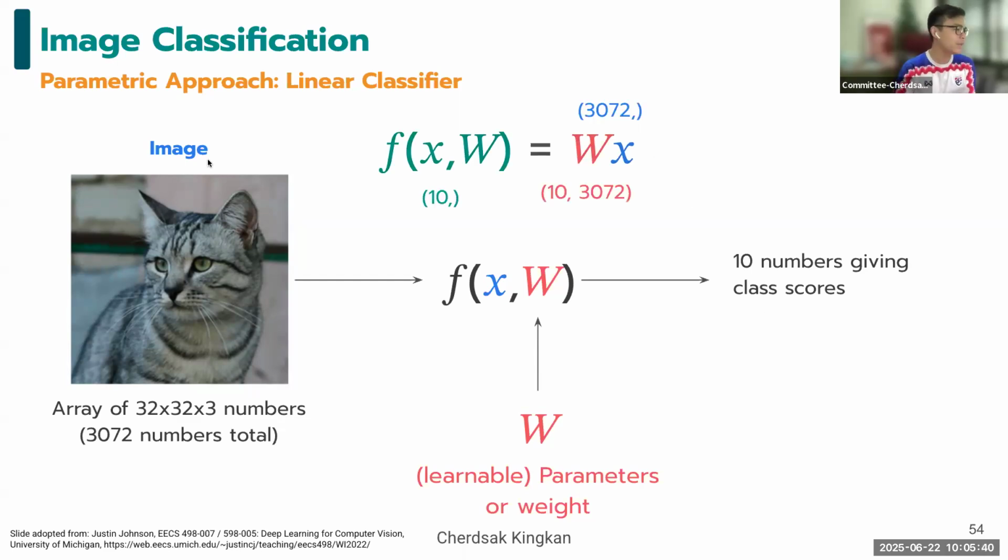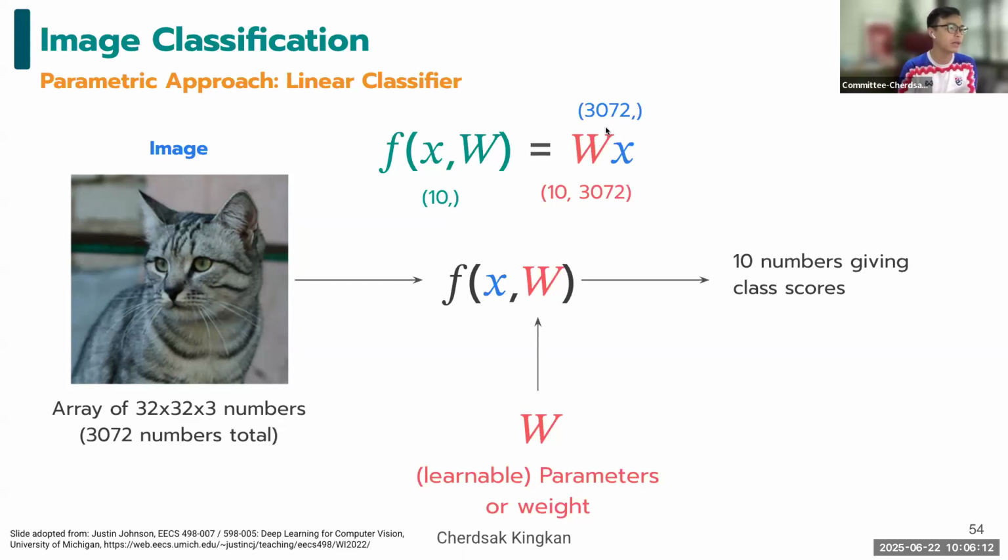So if we take this as an example, the matrix W can have dimensions of 10 by 3072. 10 is equal to the number of classes, and 3072 is equal to the dimensions of the image, the total number of pixels in our image.